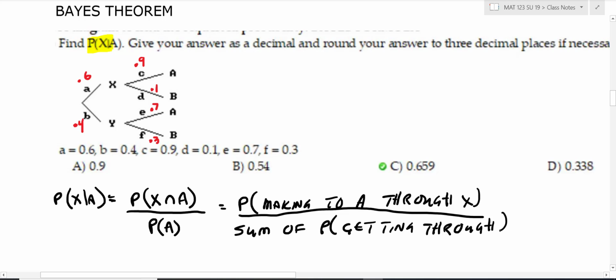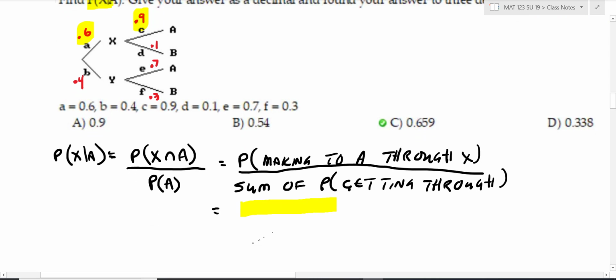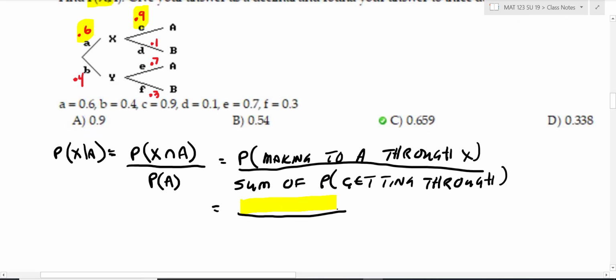That's what Bayes' formula is saying. So we want to make it to A through X. The way to make it to A through X is to go through those two probabilities. So that'll be the numerator, and we multiply those things out. So it's going to be 0.6 multiplied by 0.9.